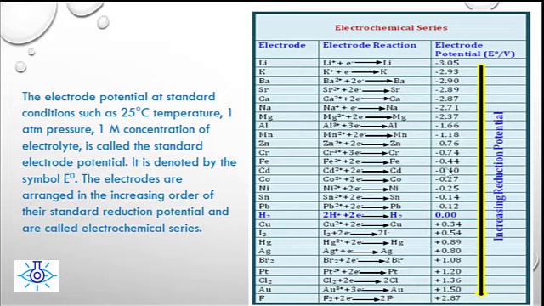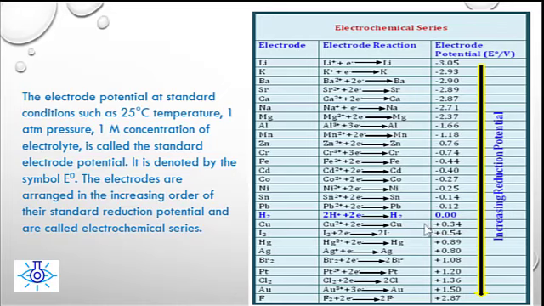From the values of the standard electrode potentials we can assign certain things. Suppose the standard electrode potential of an electrode is greater than 0, then its reduced form is more stable compared to hydrogen gas.